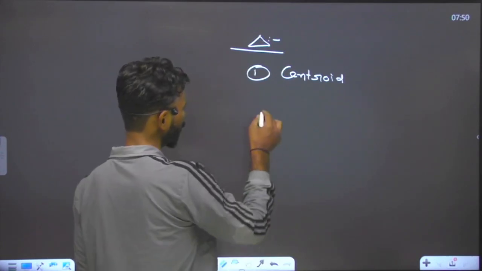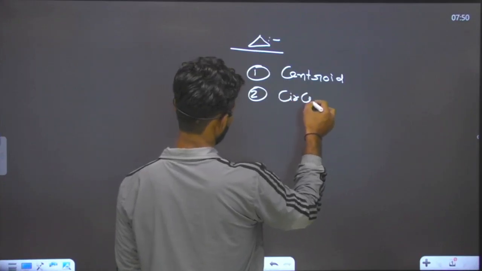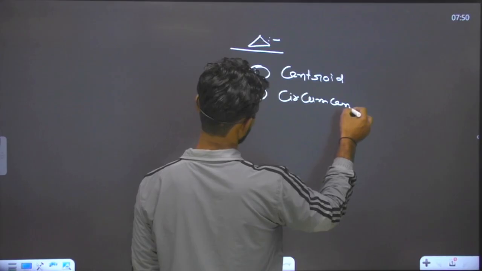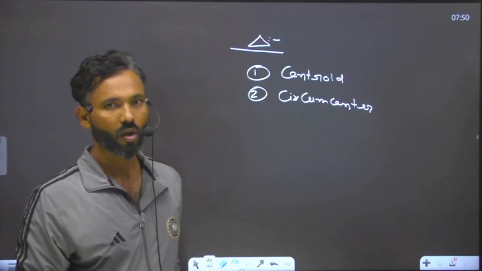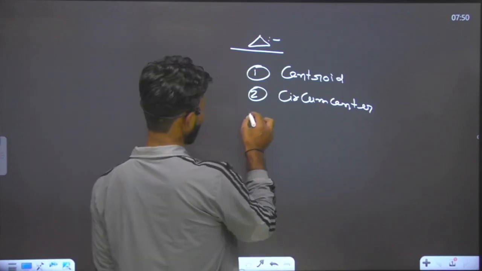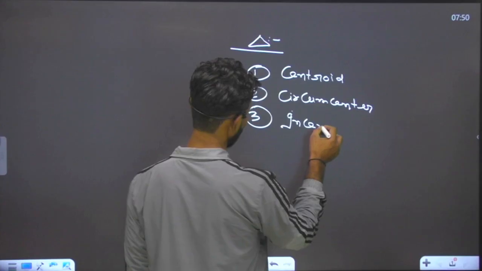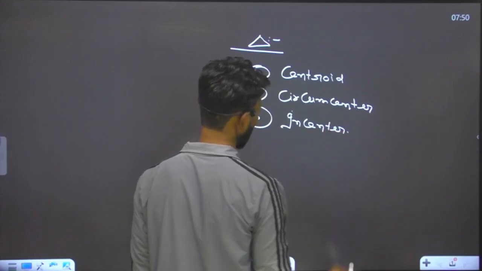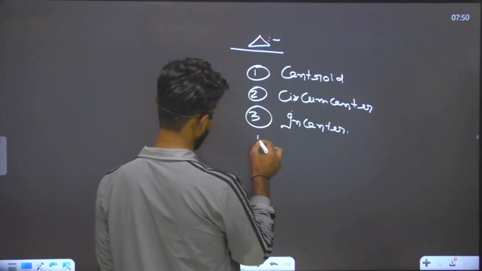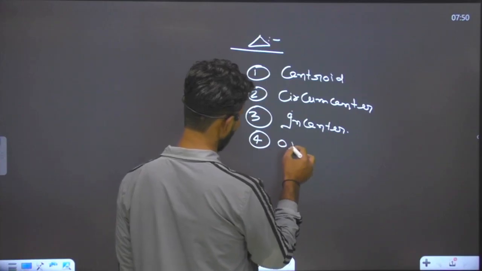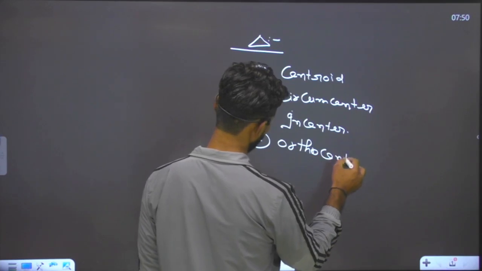The second one is circumcenter. We will discuss the circumcenter second. After that, we need to discuss incenter, at third place. After incenter, we will start discussing orthocenter.